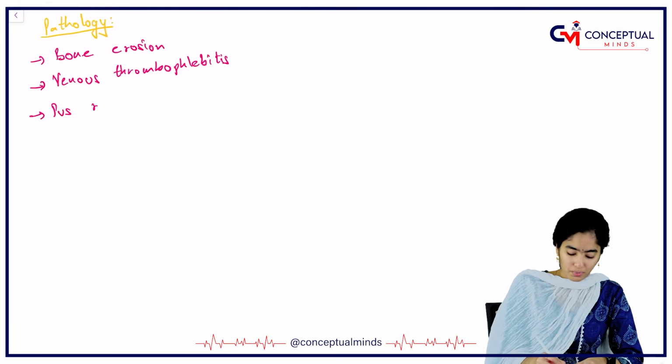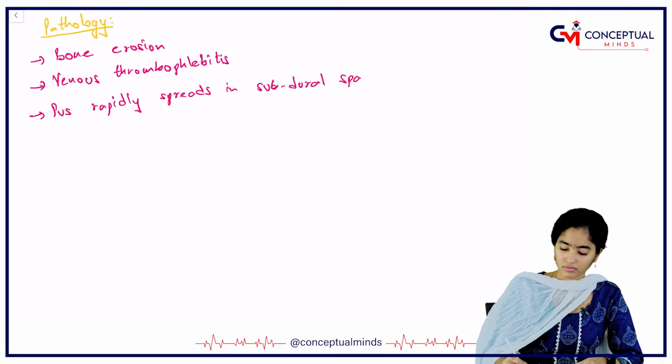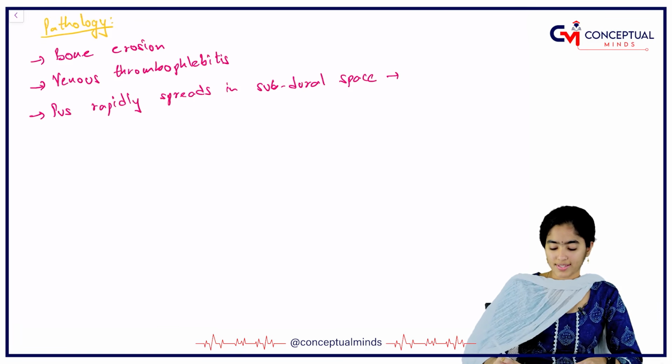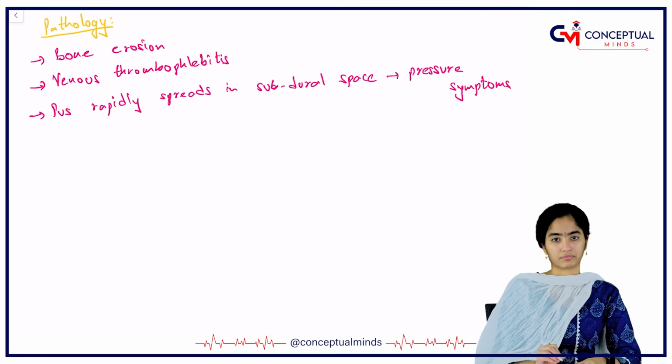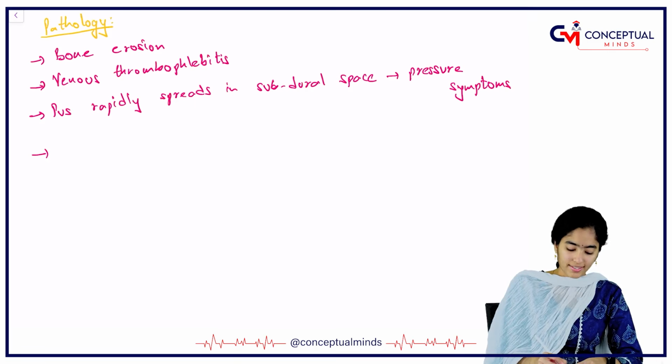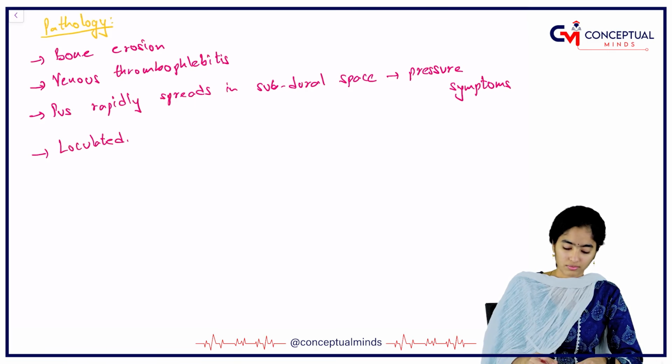Pus rapidly spreads in the subdural space and it causes pressure symptoms. And sometimes the pus can get loculated at various locations.